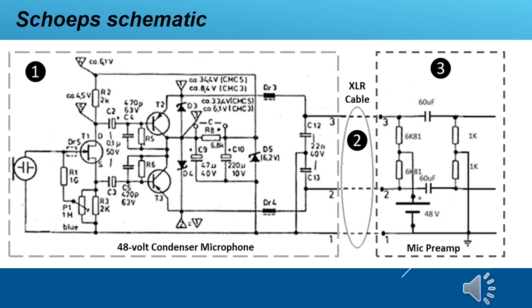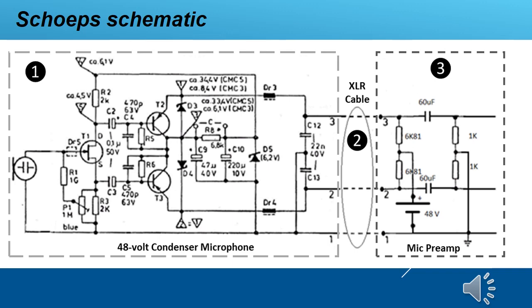And then you see here the preamp with the phantom power, 6K8 resistors and the 48 volts, then the blocking caps, and then the input resistors of the microphone preamp. This is the normal schematic.